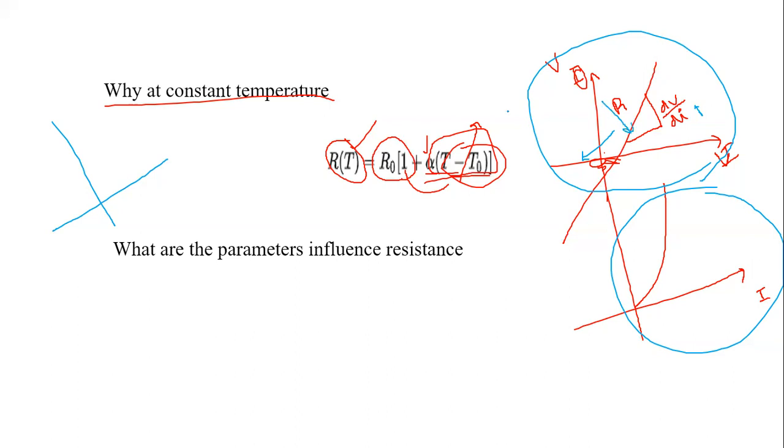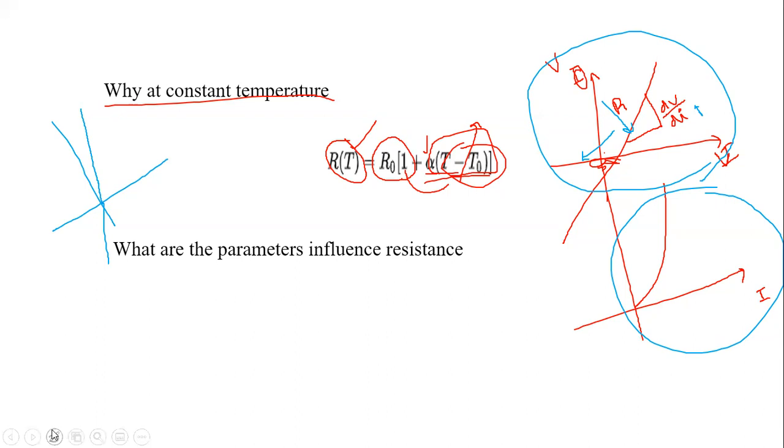That is the relation: R is equal to V by I. If you consider the slope dV by dI, R is equal to dV by dI. So if R is very low, dI is very large. Now if you draw the characteristics, it is very close to the y-axis. So this is how we get the characteristics for a material whose resistance is very low.